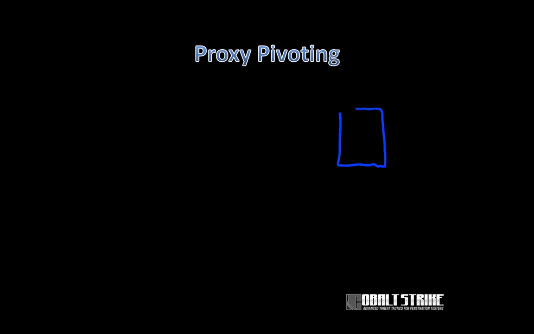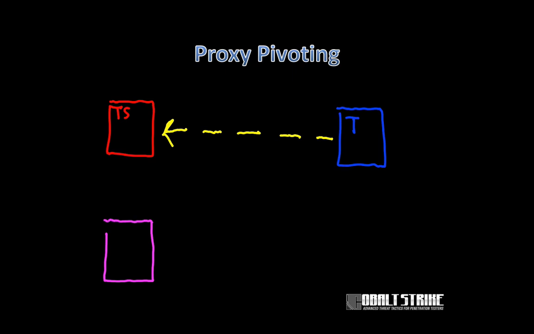Let me explain proxy pivoting real quick. We have a target system that is compromised, and we have our Cobalt Strike team server over here. And the target is communicating with us via HTTP, HTTPS, DNS, external C2, or even chained through multiple sessions. It doesn't really matter. And let's say we have an application on our system as the attacker, and we want to use that application to communicate with some sort of service inside of the target network.